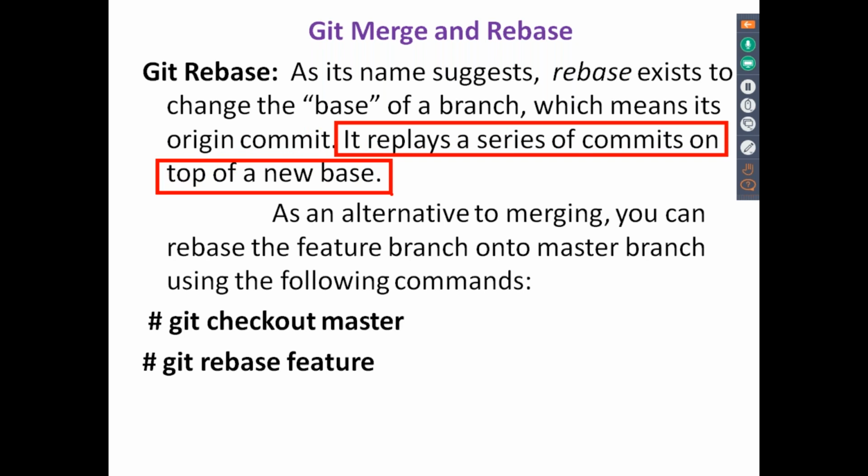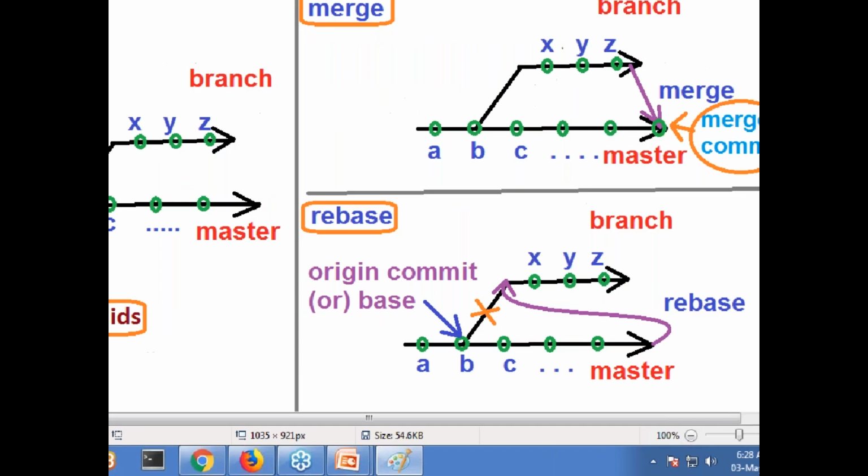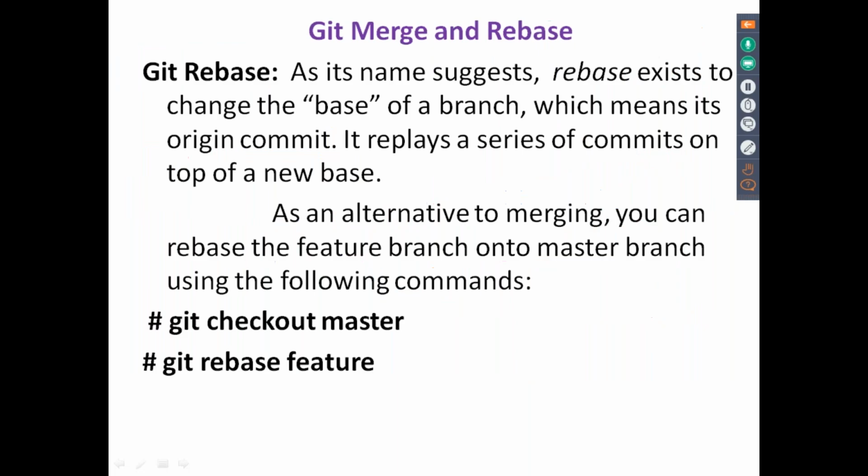If you see the earlier case, we have a series of commits on a branch, some X, Y, Z. Now all these commits are moved on top of master. Are you following that?